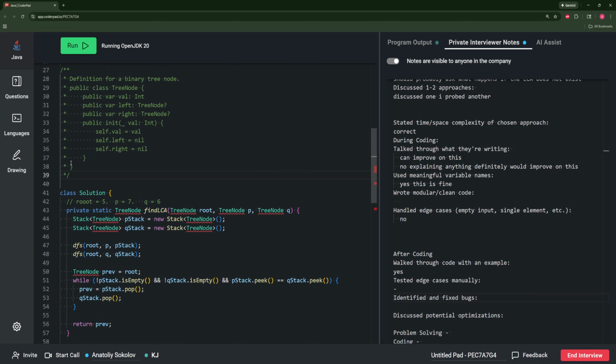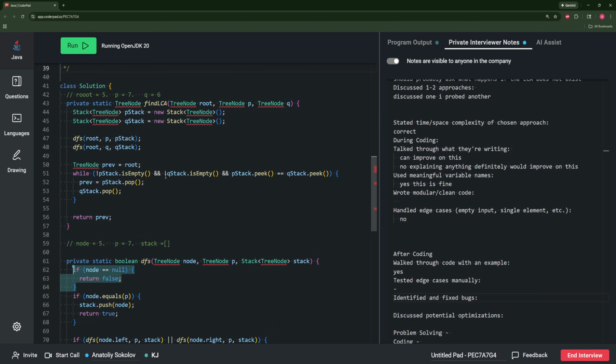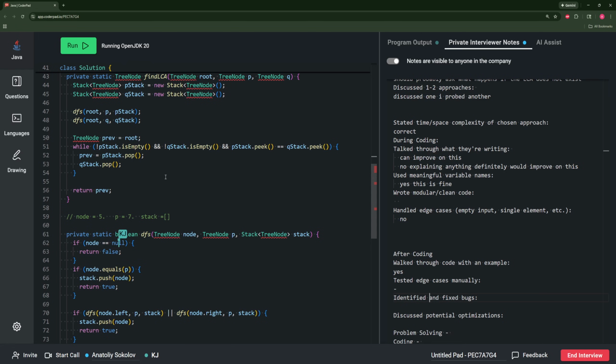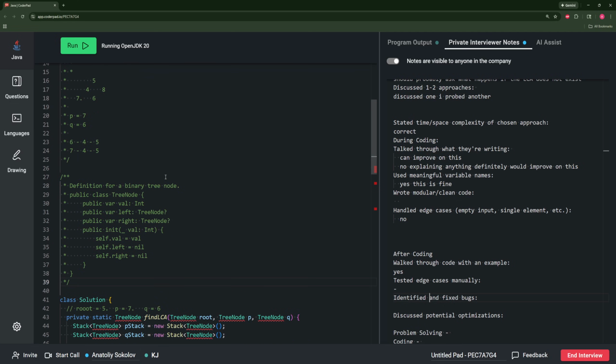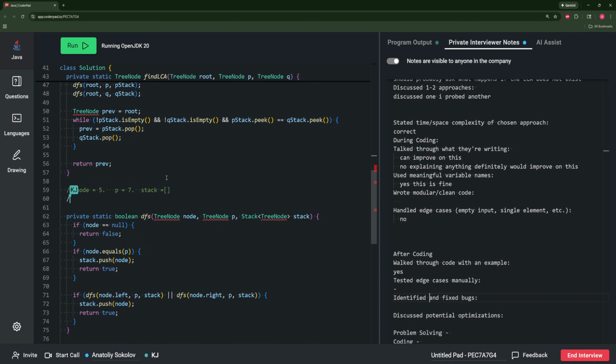So initially, node is 5, P is 7, and stack is empty. So we do some checks for the end condition. The node is not null, and the node is also not equal to P. So now we call DFS of the left.